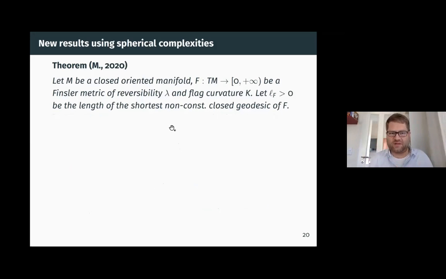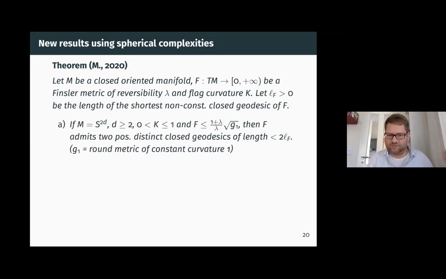If we have a Finsler metric induced by a Riemannian metric, this will just be 1. And we have the flag curvature of the metric, which is the Finsler analog of sectional curvature. So you can think of Riemannian geometry and sectional curvature in this setting. And we know that we have a non-constant closed geodesic, and we let LF denote the length of the shortest one.